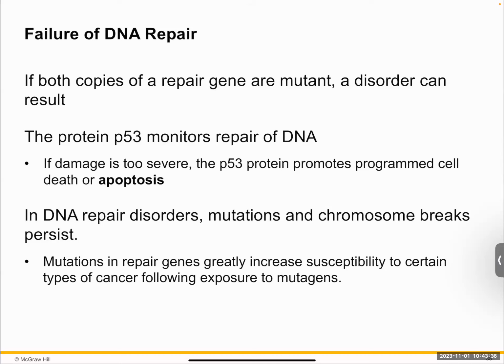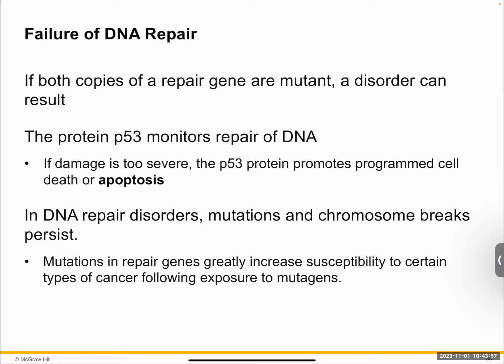If these repair genes are not fixed, you become very susceptible to major mutations and problems in those cells. And it may lead to the development of certain types of cancer if you have exposure to mutagens.